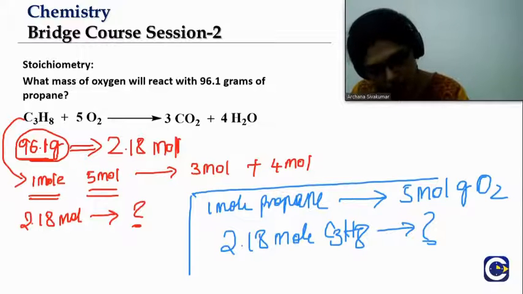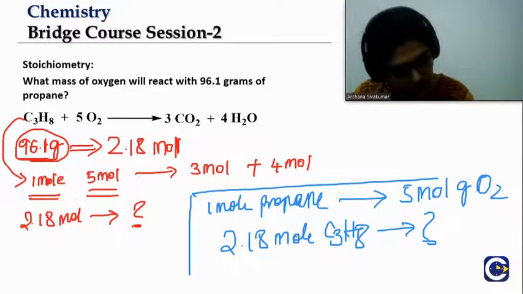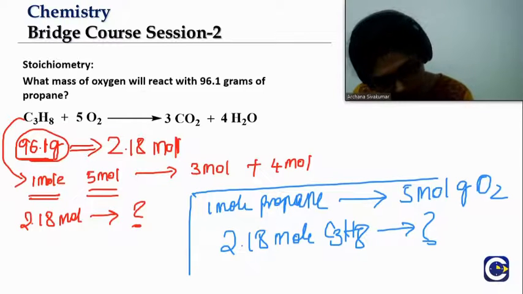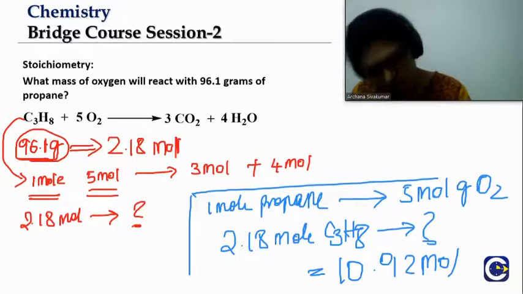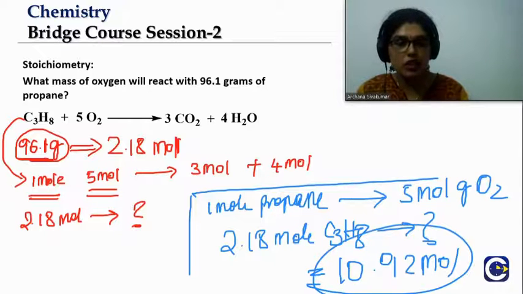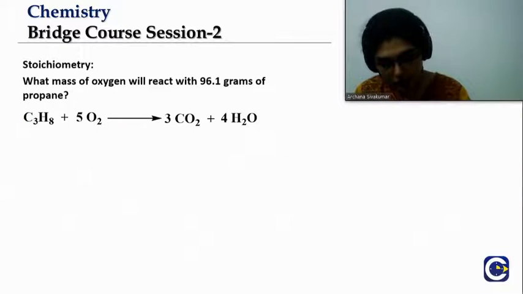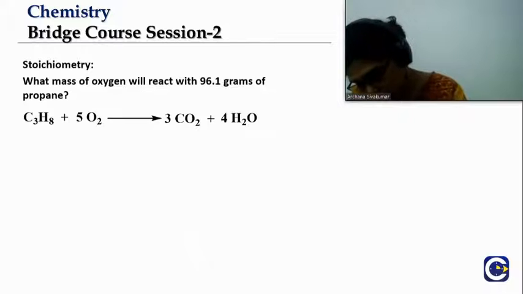So it is a simple cross multiplication. It is 5 times 2.18. So how much will be the answer? 10.9 mole. Am I right? So using a simple cross multiplication, this is what I'll get. The given was 96.1 gram.